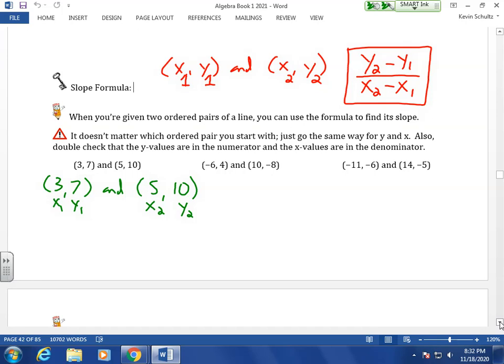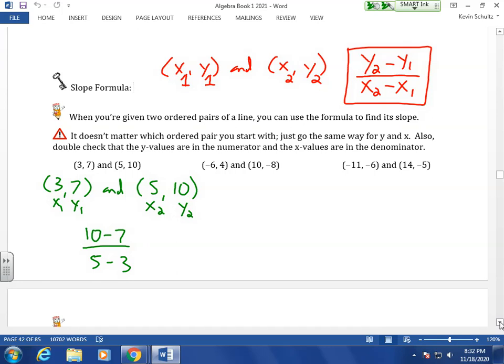Because if you got them labeled, well, then it's just looking at the formula and plugging the values in, right? y2 minus y1. So my y2 value is 10. My y1 value is 7. Right? y2 minus y1, 10 minus 7. And then for my x2, that's 5 minus x1, which is 3.